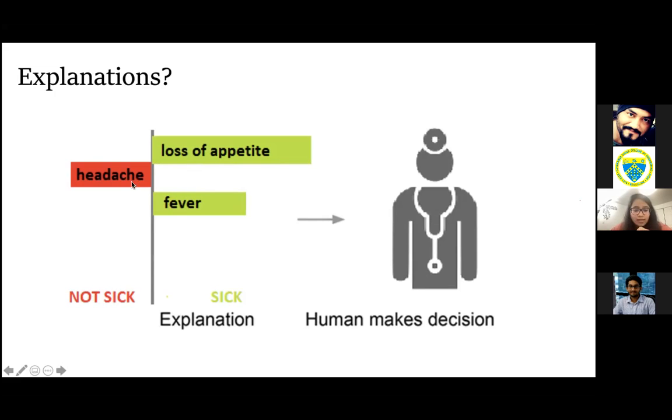If the model sees a headache as a symptom for a particular person, this is not sick. But if it sees loss of appetite and a fever, then that is a sign of being sick. Such explanations, such as which words led the model to predict whether a particular news article is fake or not, can be very helpful.